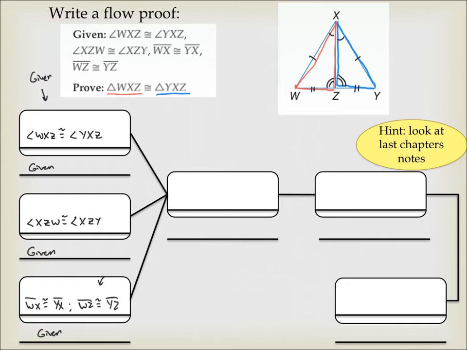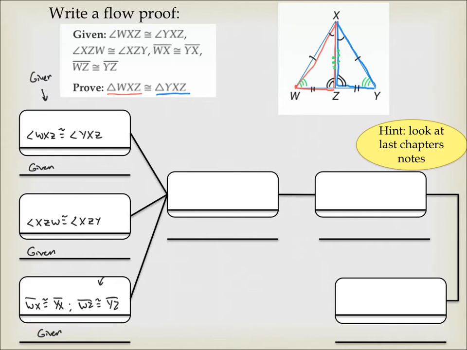Now we need to prove that our last segment is congruent to the other segment and that our 2 angles are congruent to each other. So I'm going to do this in green, that way you know what I'm looking for. So I need to prove that this XZ is congruent to this XZ, and that W is congruent to Y. Let's start with XZ and XZ, because that one should appear obvious, because we've done this one so many times.